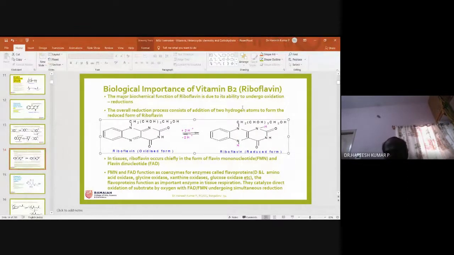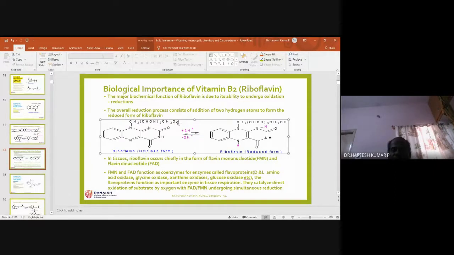What is the difference between FMN and FAD? Flavin adenine dinucleotide is FAD. This is riboflavin. Suppose this hydroxy group is phosphorylated, then we call it FMN.